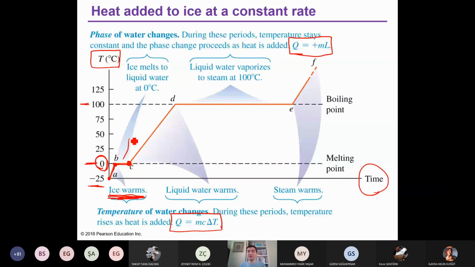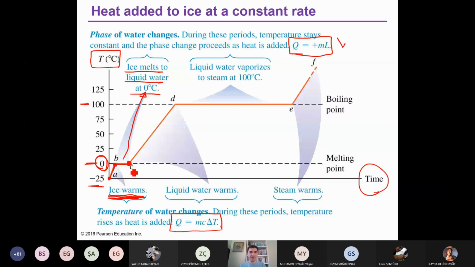We add heat to the system, which is given with Q equal to M times L, but temperature does not change, okay? Only the phase changes here. So in this part between A and B, we have the solid phase, and between B and C, from solid to liquid, we change the phase.